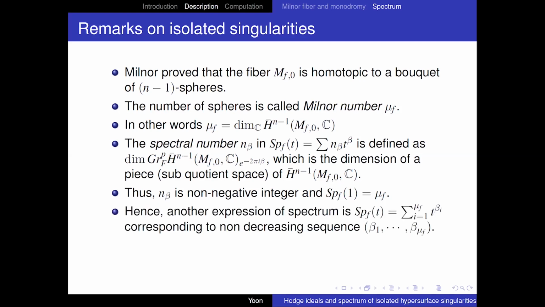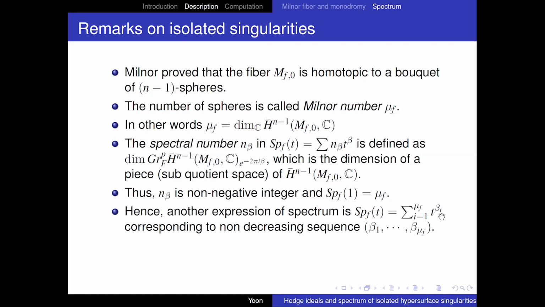In other words, when you have a Milnor number, we can express a spectrum by summing t to the β_i. Here we do not have a coefficient. All the coefficients are 1.